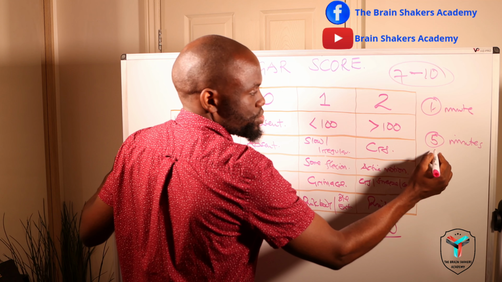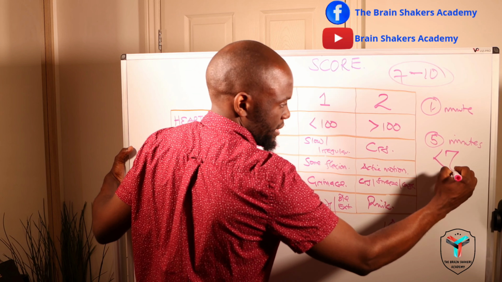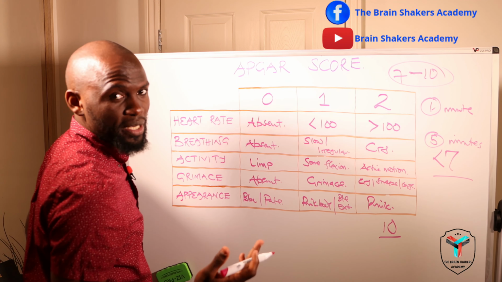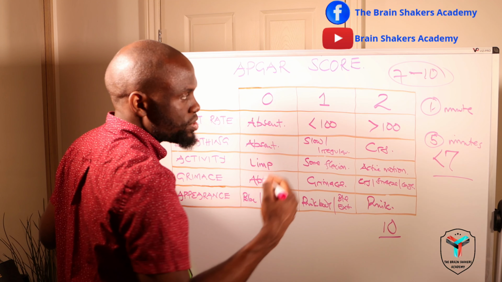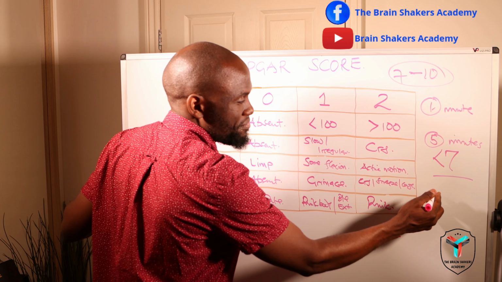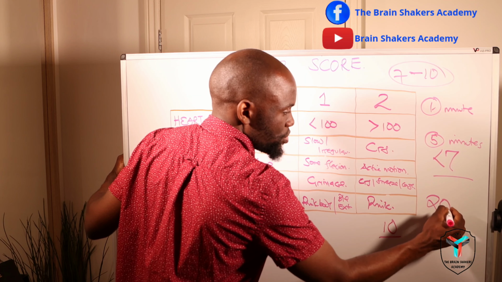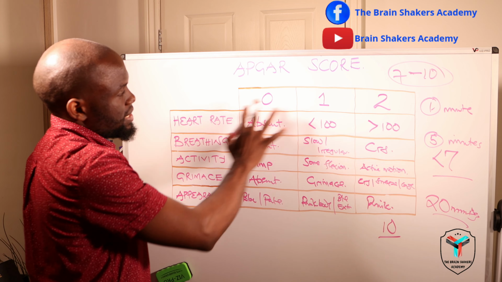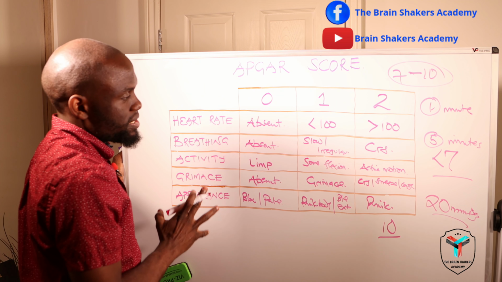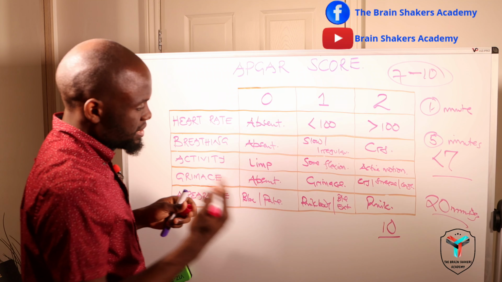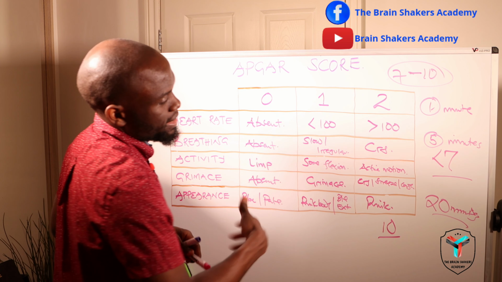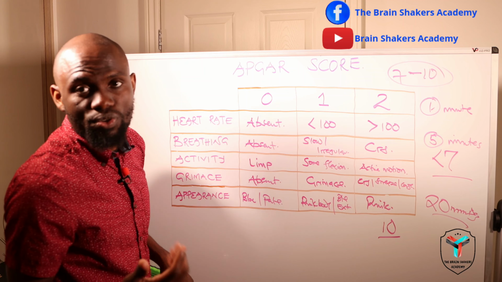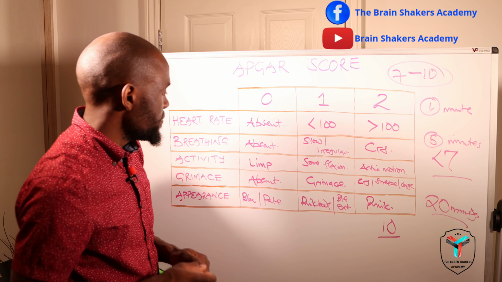So if they do score anything less than 7 at 5 minutes, then they go into the expanded Apgar scoring system, where you're going to continue to assess them every 5 minutes until you get to the 20 minutes mark. So that is the Apgar scoring system, and it does help us to identify also the care that we're going to then provide depending on the needs as you do that resuscitation, if you have to do any resuscitation.